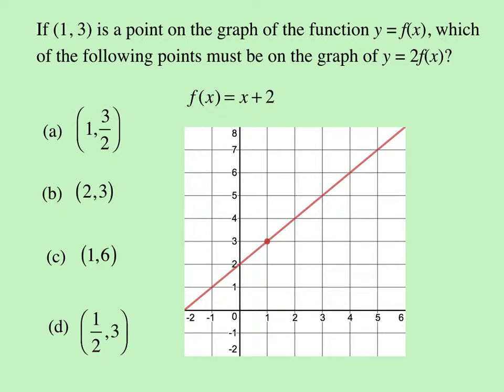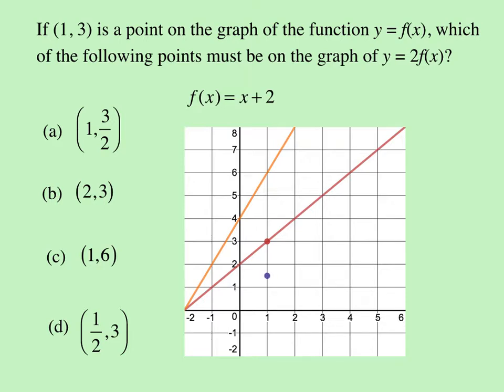Next on Desmos, I typed in 2 f of x, and I got this orange function, which is twice as steep as the original function. And so then I said, well, which of these points that are given lies on the orange function?